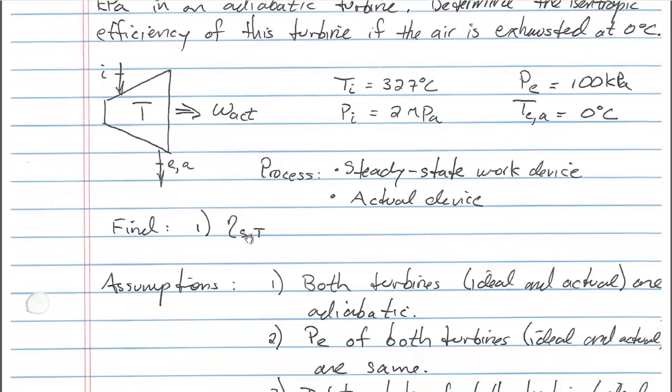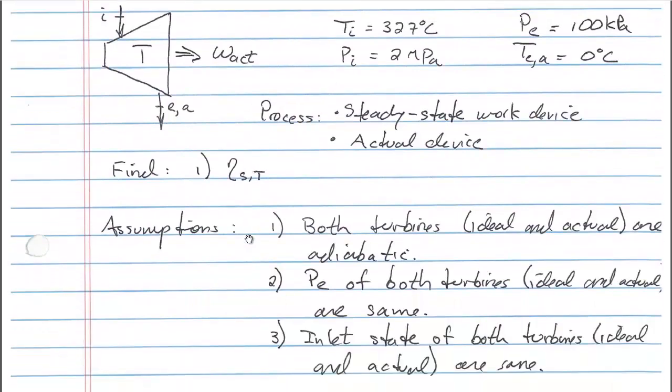Okay, so let me just remind you of some of the assumptions and truths that we make with isentropic efficiency analysis. We of course will say that both turbines, the ideal and actual turbine, are adiabatic. So in both cases, Q is equal to 0. One truth is that the exit pressure for both turbines is the same, for both the ideal and the actual turbine.